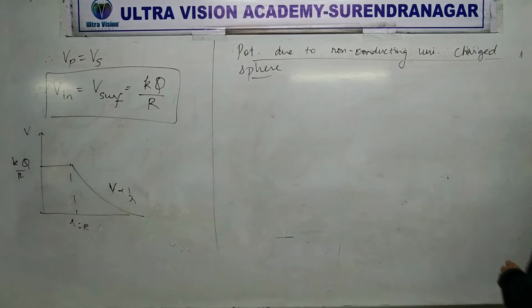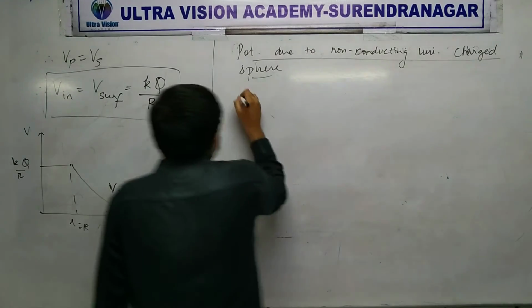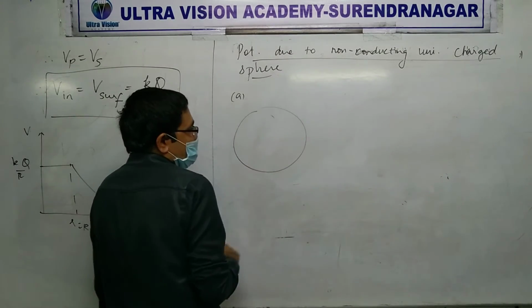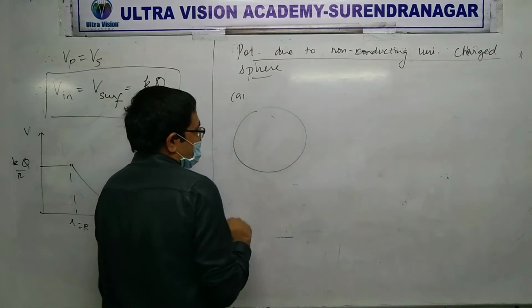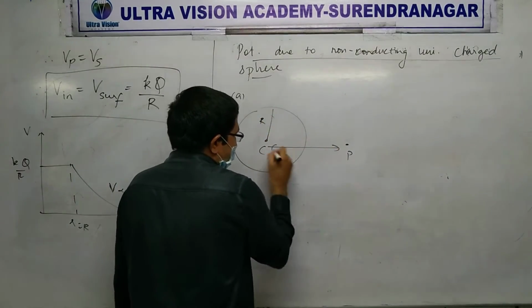First we do the point outside. So here is that thing, which has a charge. Let's say radius is R. This is the center. This is point P, at distance smaller r.